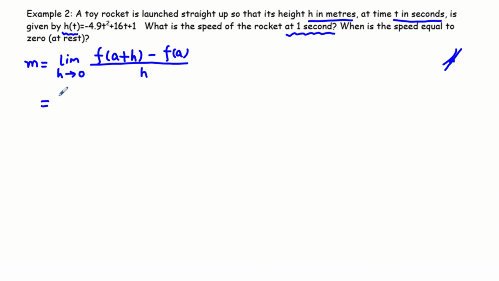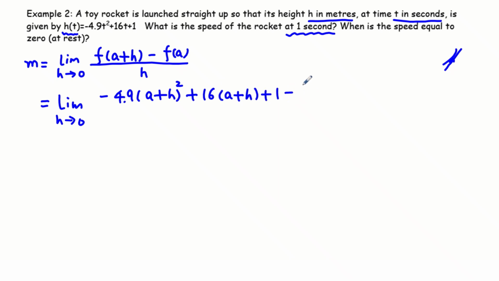And now we are going to sub in the a plus h to the function notation. So negative 4.9 times a plus h, plugging in a plus h for t, then plus 16 times a plus h, plus 1.